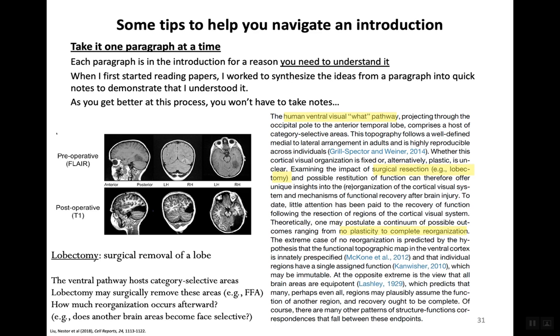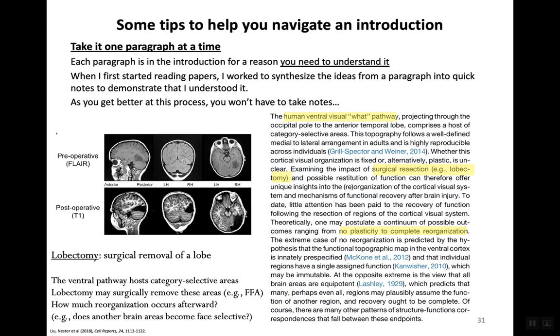Lobectomy may surgically remove these areas, and again, this is not necessarily a surprise. So some of you might be surprised that a neurosurgeon is allowed to remove such a huge part of the brain, but of course, if you remove such a huge part of the brain, then it should come as no surprise that the entire FFA might be eliminated.